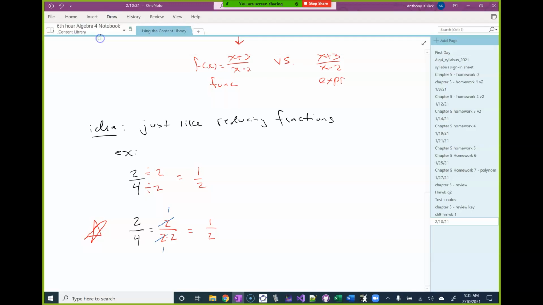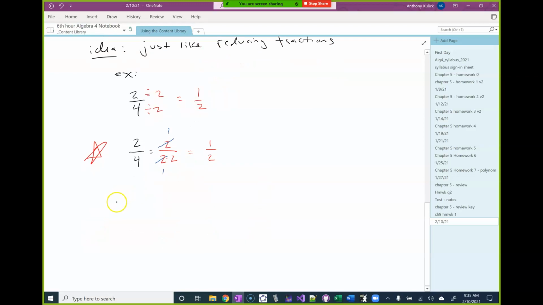So let's look at a couple of examples. Let's say we have the rational expression x squared plus 7x plus 10 over x squared plus 9x plus 20.